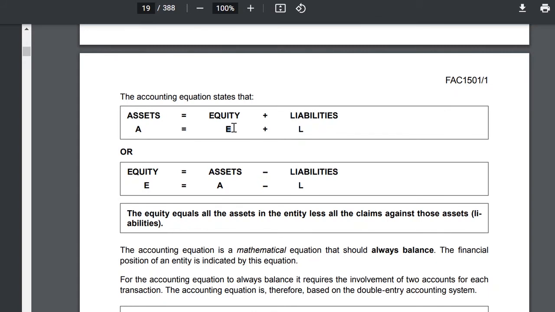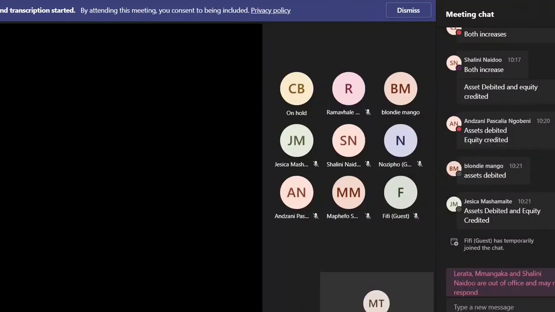So if income is increasing, it's increasing equity. Oh yeah, right now I understand. The bank, where it's minus. Okay. And then on the equity also it's minus. All right. Thank you, Blondie. Guys, do you agree with what Blondie is saying?